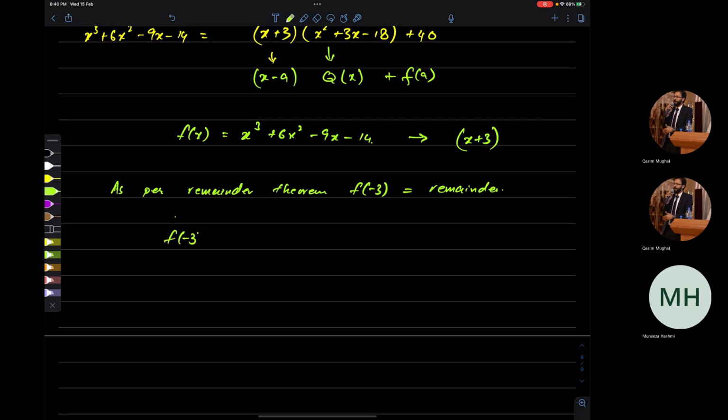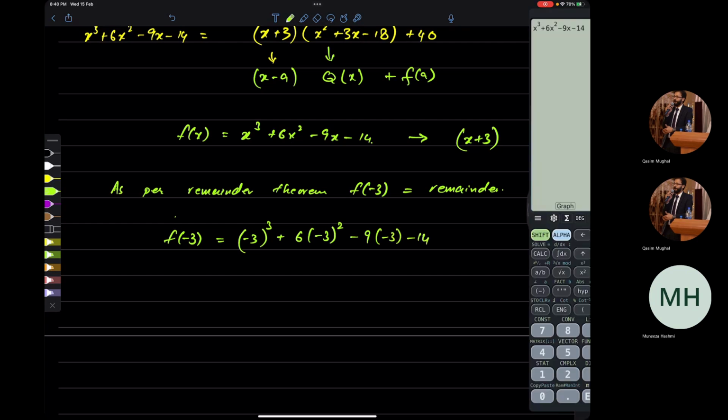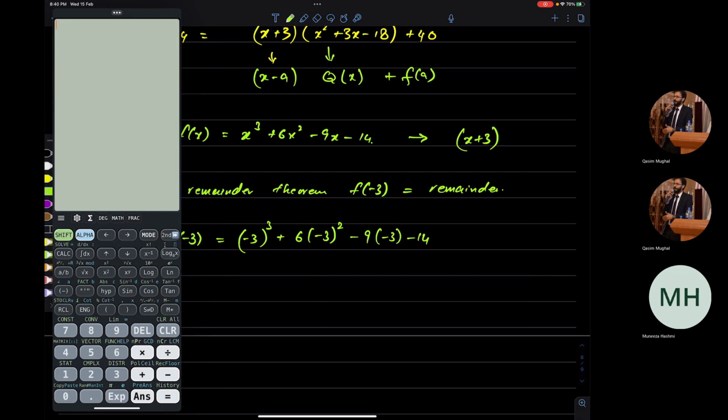Simply we'll do f of -3 equals -3 whole cubed plus 6 times -3 squared minus 9 times -3 minus 14. Let's just work that out. -3 whole cubed plus 6 times -3 whole squared plus 27 minus 14.